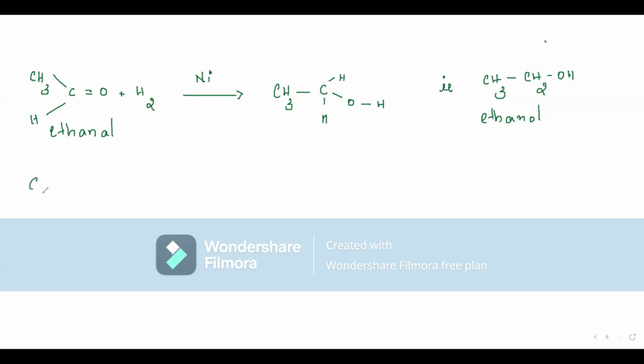Again, one more example, C6H5CHO. Treat this with hydrogen. Now, for a change, let me take nascent hydrogen here, meaning I will be using a reducing agent, lithium aluminium hydride.